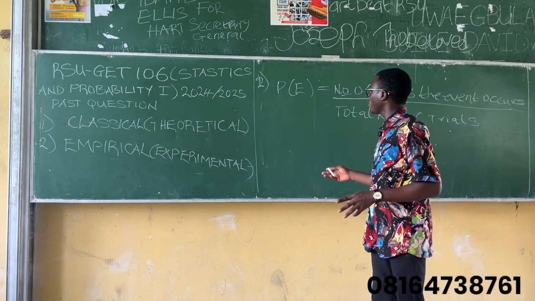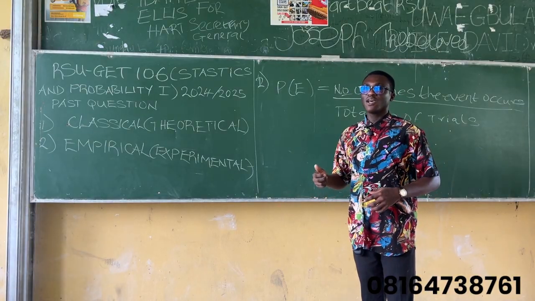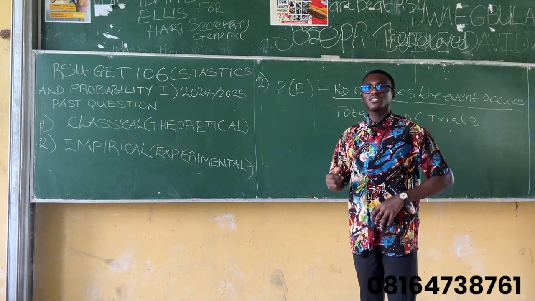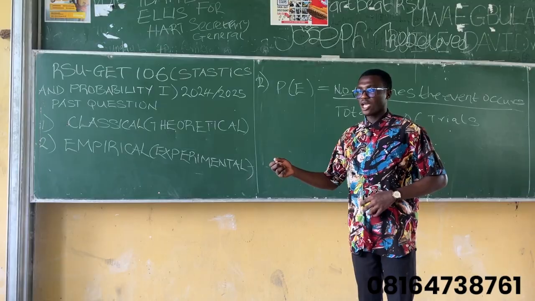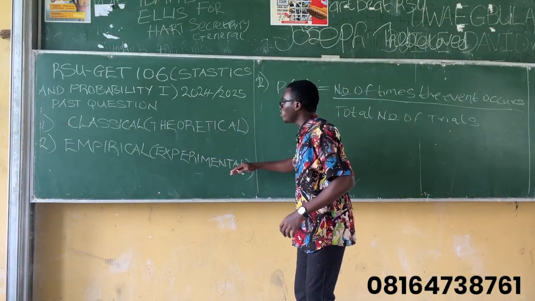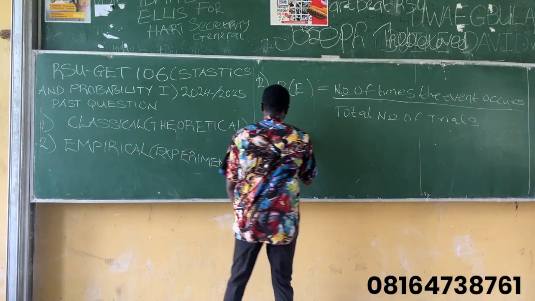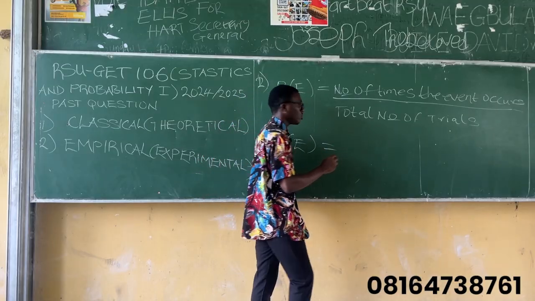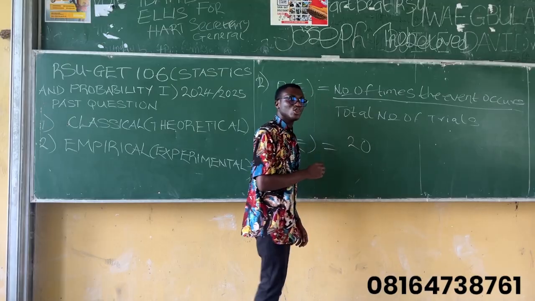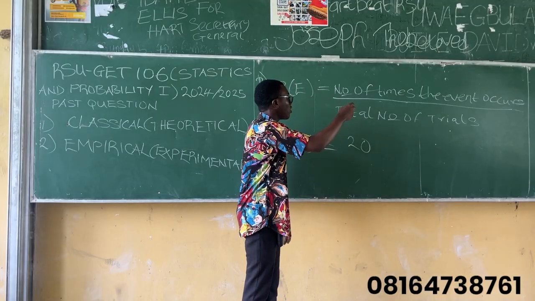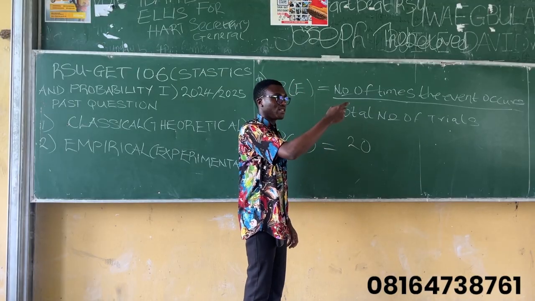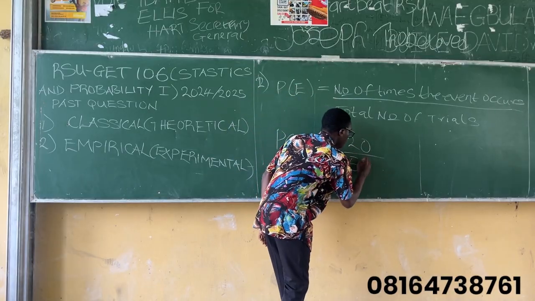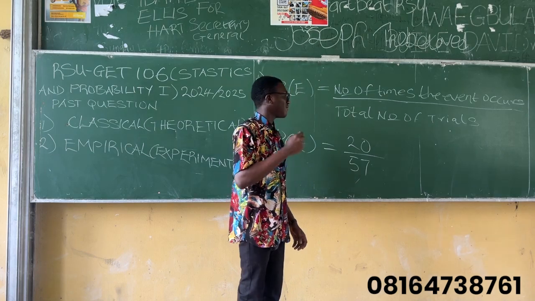So we have that a coin is being tossed 57 times. And in those 57 times, the number of times heads show up is 20 times. Now, under the empirical method, the probability of getting heads, which is the probability of the event E, is equal to 20, which is the number of times we get the outcome we are looking for, all divided by the total number of trials, 57, because the coin is tossed 57 times.